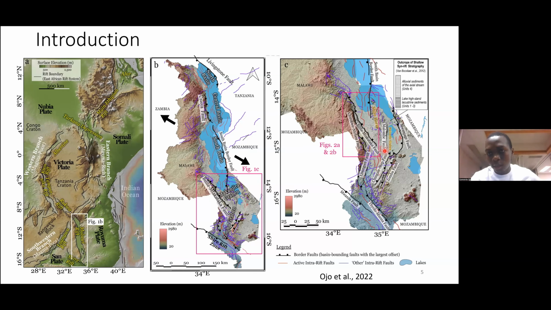And this is just a close-up of the structural pattern along the fault zone. So you have the Bilila and Mlumbe fault, and just behind it we have the Chirobwe fault, and we have the Malombe Basin and the Malombe fault just east of it.